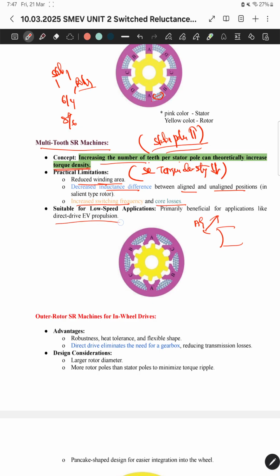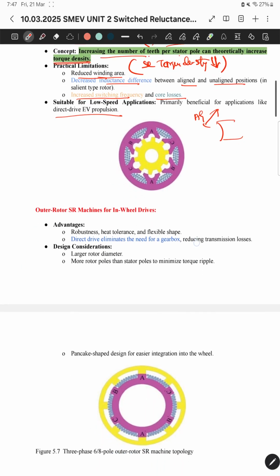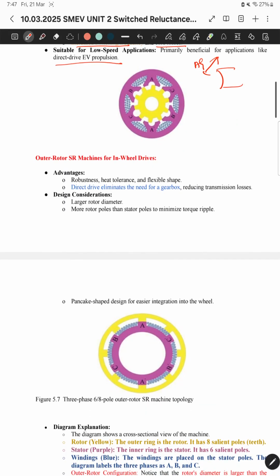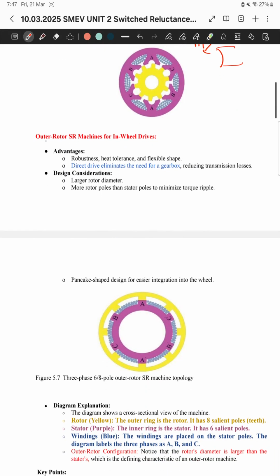Applications for direct EV applications. Mainly we are discussing this for EV vehicles. Coming to the next one, the outer rotor switched reluctance motor in wheel drives. Just now I discussed earlier, I am using this for in-wheel motor control, that is, I am directly placing it in the wheel. Here you can see the name is specified as outer rotor. That means the rotor is placed on the outer side and the stator is placed inside. Let's try to have some clarity.